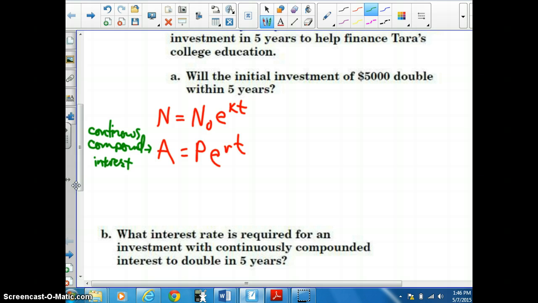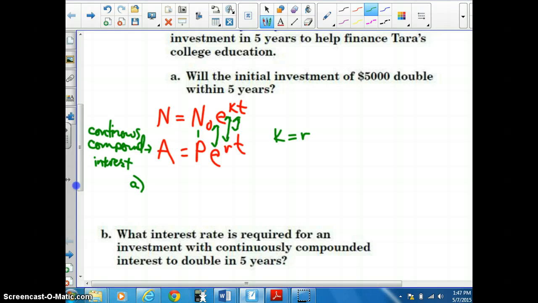So the principal, which is the original amount that you invested, is the N sub 0. You can see we've got the e there. The k, or the constant, is our rate, and then we've got the t for time again. So what we know is that k is really equal to r here. It wants to know if the initial investment of $5,000 will double within 5 years.